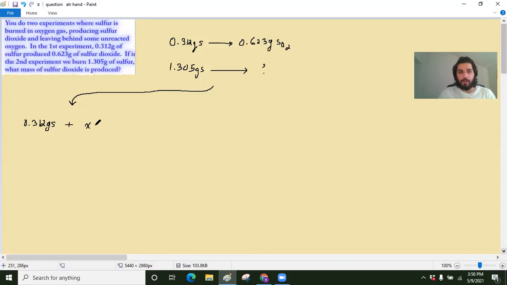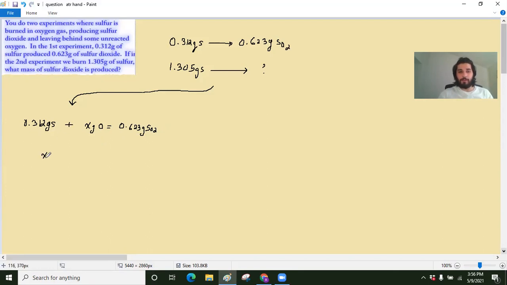So X grams of oxygen equals 0.623 grams of sulfur dioxide. So this is what we're looking at, and this is what happened in the first situation. And you'll immediately notice that algebraically you could solve for how many grams of oxygen were used in this chemical reaction by some basic transposition.